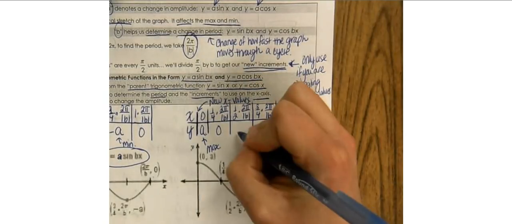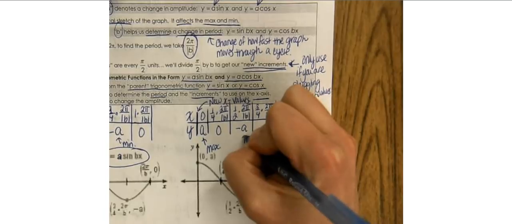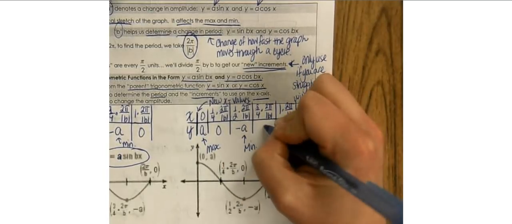And then remember, we go up, 0, down, 0, up. So up at our maximum value, 0, down to negative A, your minimum value, 0, then back up again to A, your maximum value once again. So up, 0, down, 0, up is your pattern every single time you graph y equals A times the cosine of bx.